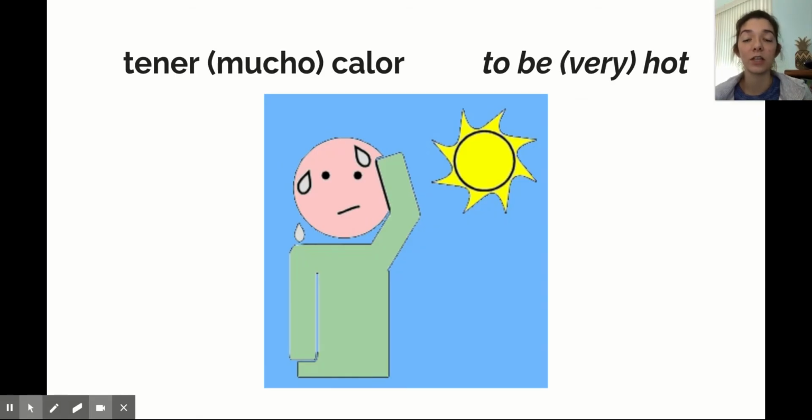Next, tener mucho calor, to be very hot. Temperature, guys, temperature. Repítame, tener mucho calor. The mucho coming in as this very, okay? But literally, we're not saying to be very hot. Literally, we're saying to have a lot of heat. I have a lot of heat.